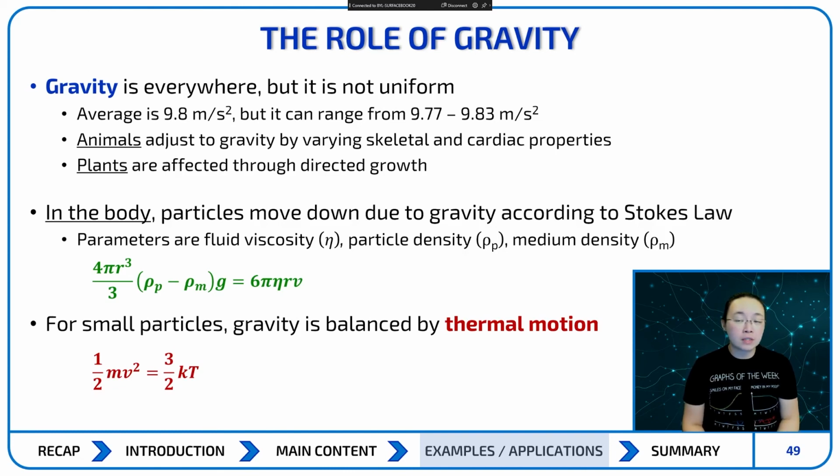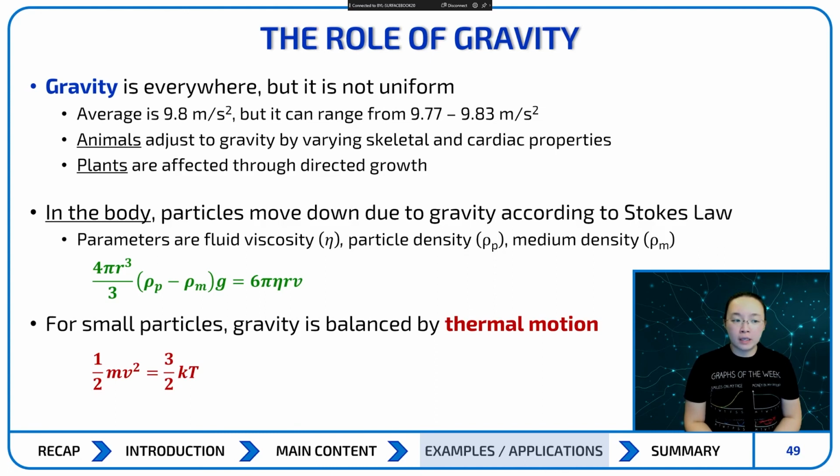Although we know that the average is 9.81 meters per second squared, it can actually range from 9.77 to 9.83 meters per second squared. Animals can adjust to gravity by changing their skeletal and cardiac properties, and plants are affected through directed growth. So sometimes they grow towards the sunlight, which defies gravity.